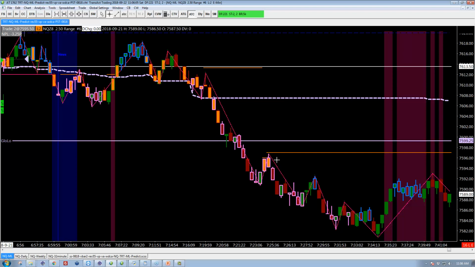Now, low volume nodes: there's a custom study that tracks those in real time, and that's what this line is right here. That orange line is the nearest low volume node that's above price for these bars.